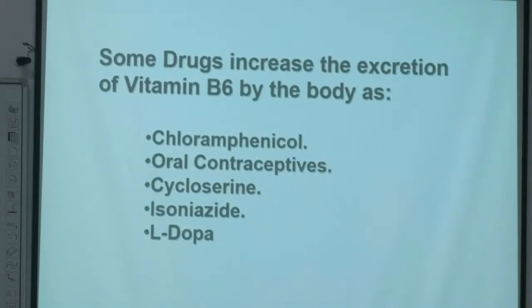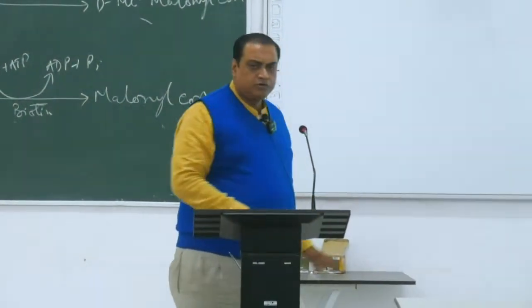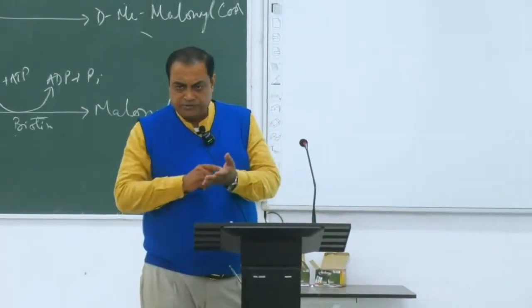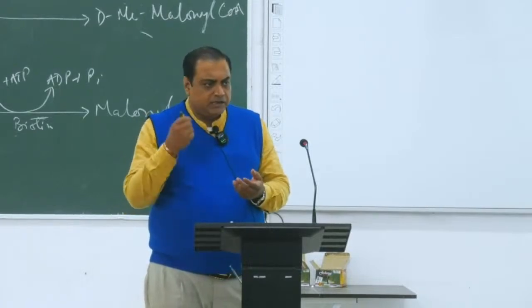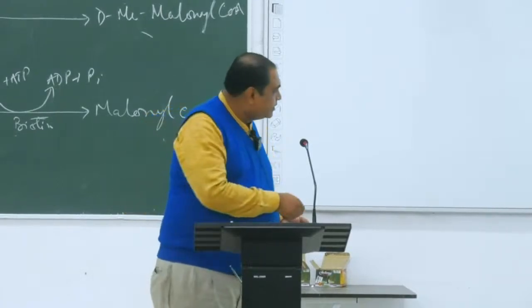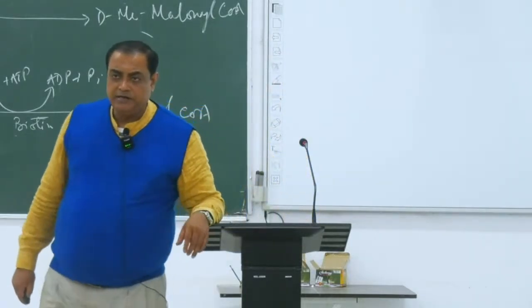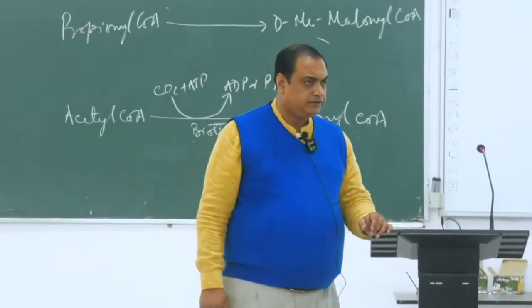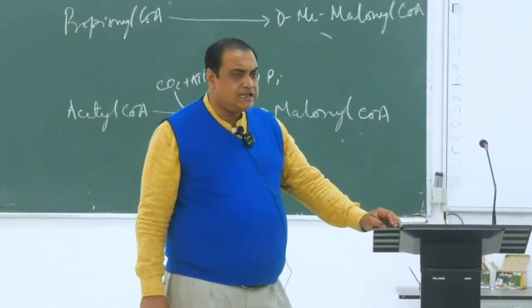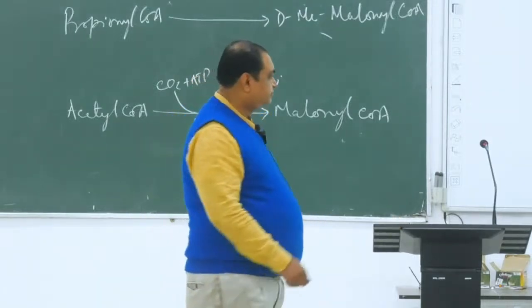Cycloserine. Again, this is a bactericidal substance. It normally comes as a poisoning if found in an ointment; small children might swallow it accidentally. Isoniazid, this is what you call an anti-tuberculosis drug, INH.